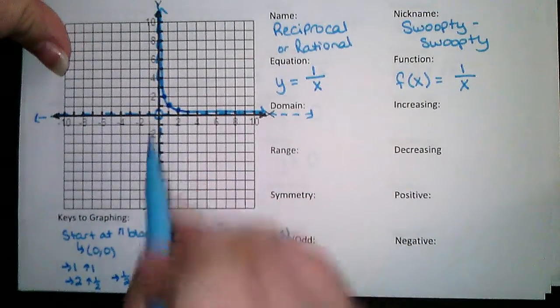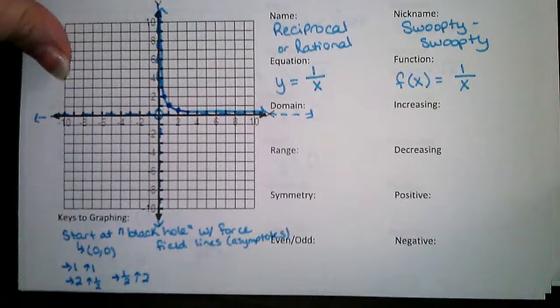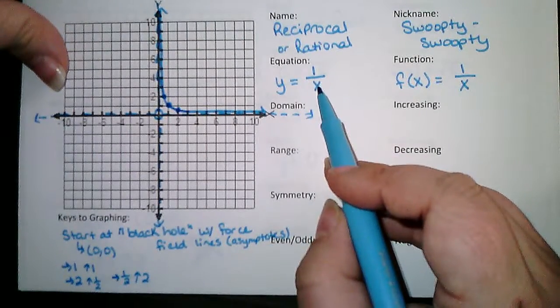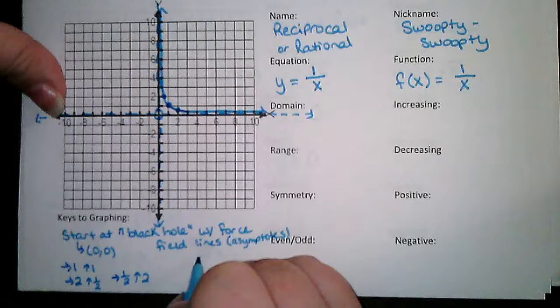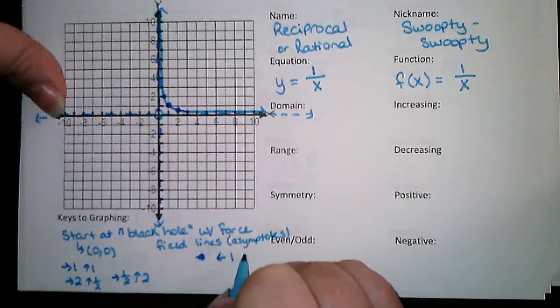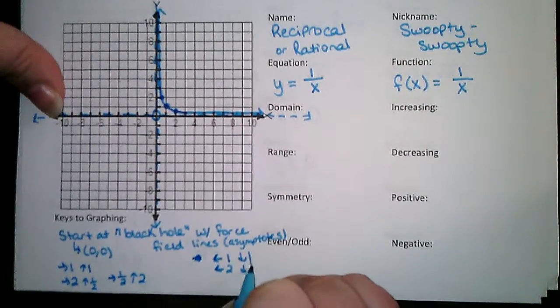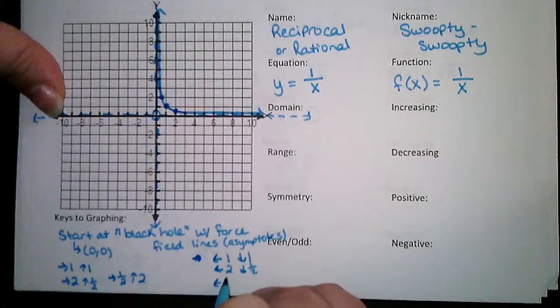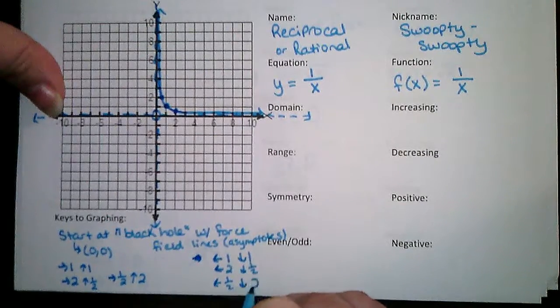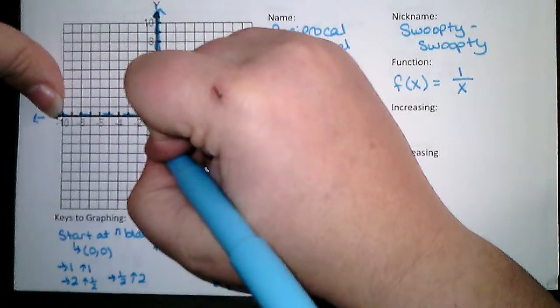So then down here, we have these same points, but to the left and down, because if we put -1 in here, it'd be -1. So, nope, not right, Mrs. Black. Left 1, down 1, left 2, down 1/2, and left 1/2, down 2. So those same points.